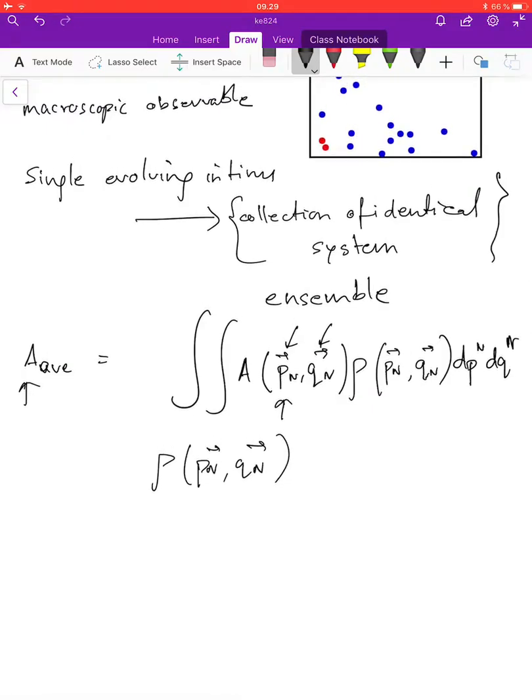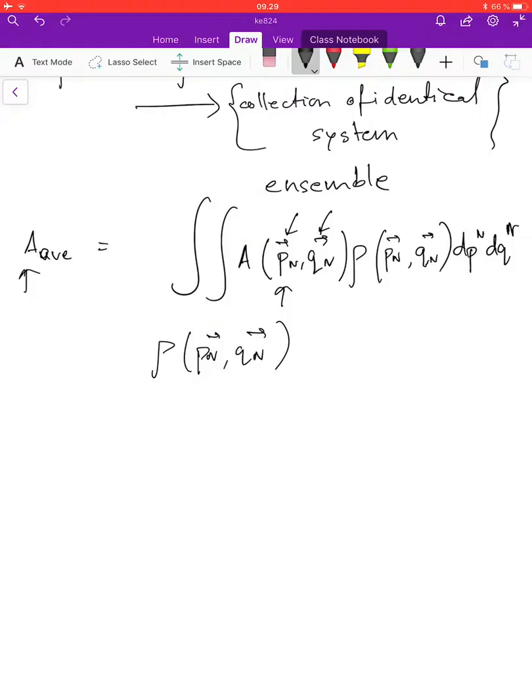To understand this, let's go back to calculating the mass of an object. Let's say you have a three-dimensional object here, which is very dense in some parts and not so dense in other parts. So the density is not constant throughout.